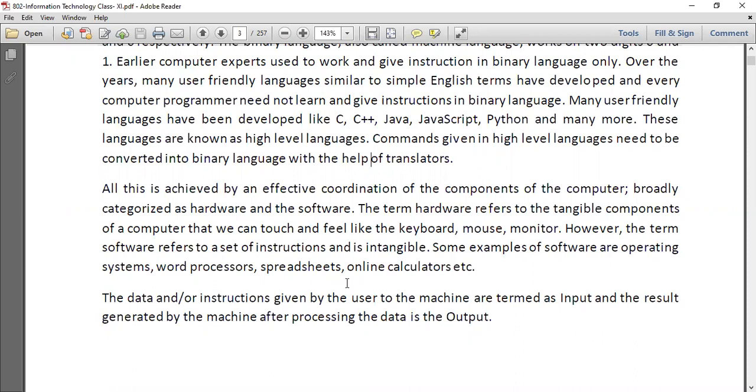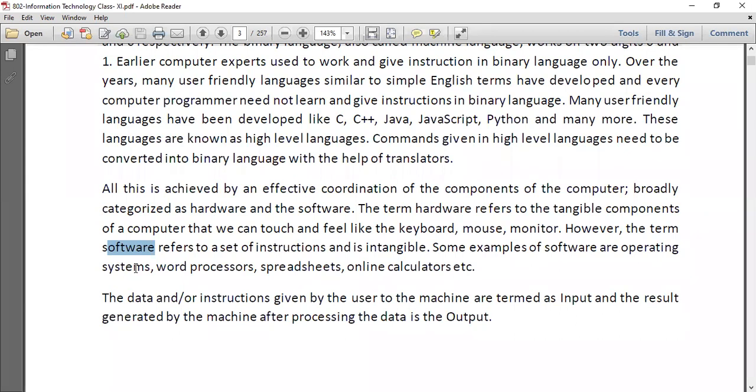Then we have 2 terms, hardware as well as software. What are these 2? You must be knowing. Hardware क्या है? Anybody? What is hardware? That we can touch. Anything that we can touch and feel. जिसको हम tangible बोलते हैं। tangible वही होता है जो touch और feel कर सकते हैं.